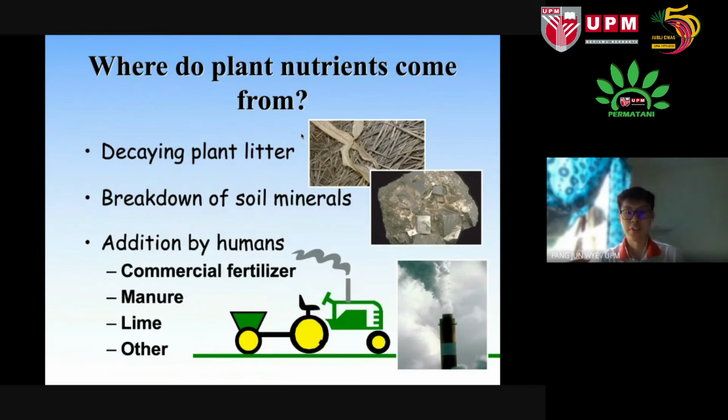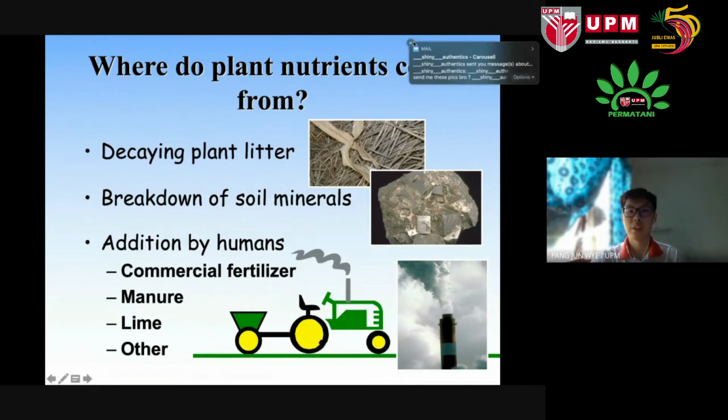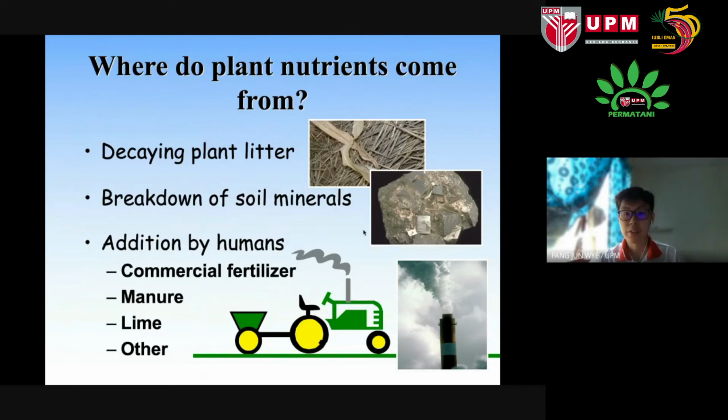When the rain and the sun fall on the soil for several days, it will break into soil minerals, which are really important for the plant to grow, because soil minerals consist of many crucial minerals for their growth.